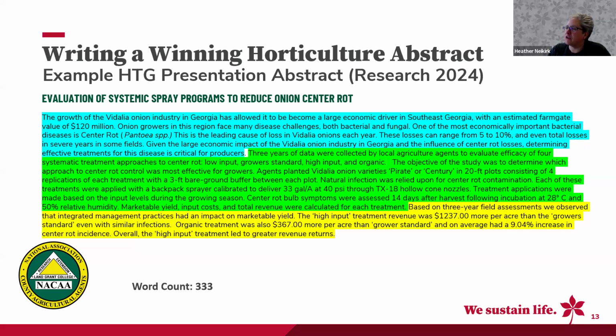And then on average, what was the increase in center rot incidence. And it says overall, the high input treatment led to greater revenue returns. So they give you a nice summary of those findings with some detail there. And notice the word count on this one is 333. So they still had a little under 20 words, maybe 17, to kind of round it out, something like that.